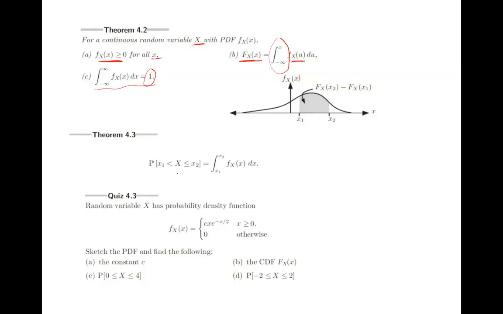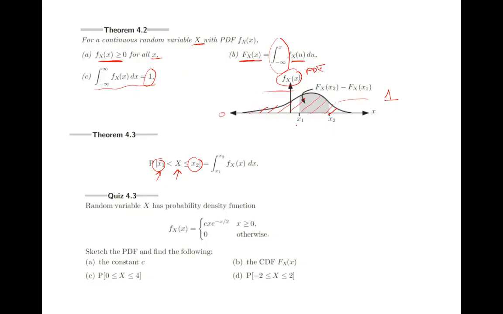Next, if you want to determine the probability that the random variable X is between x1 and x2, for example, here is my PDF. The area under this curve should be 1, and it's always positive.